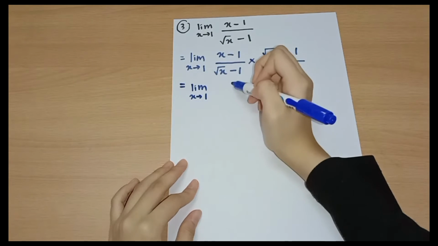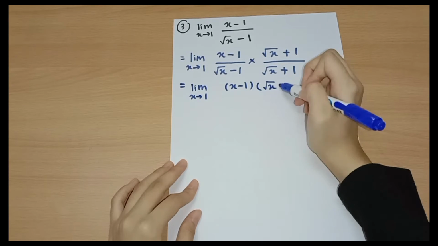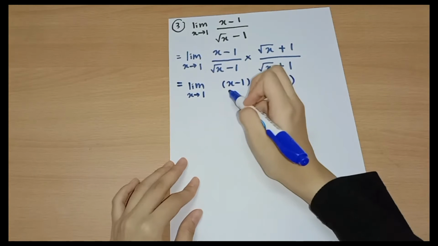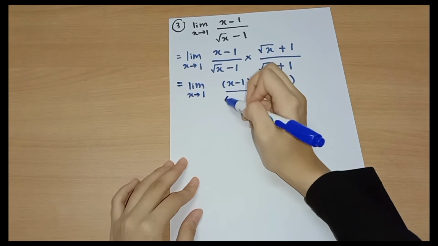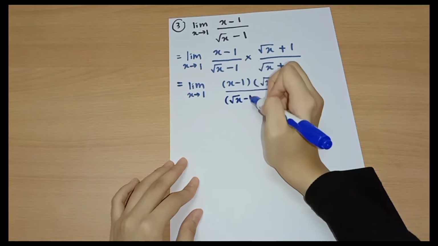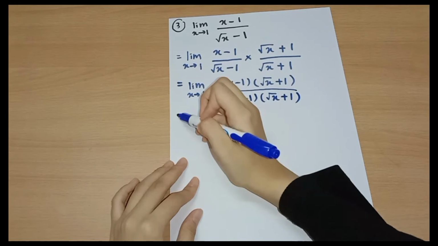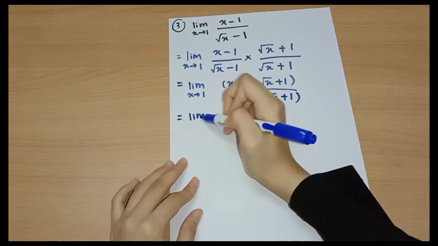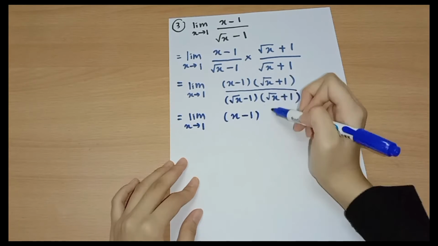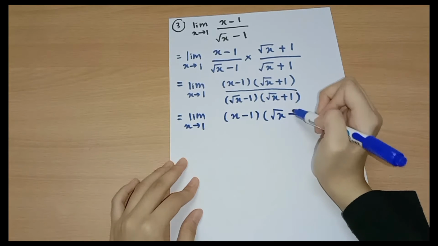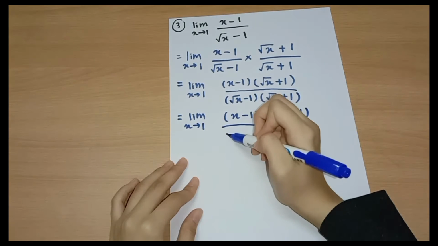So just multiply numerator with numerator, and the denominator with denominator. So we don't need to expand the numerator, but we must expand the denominator.